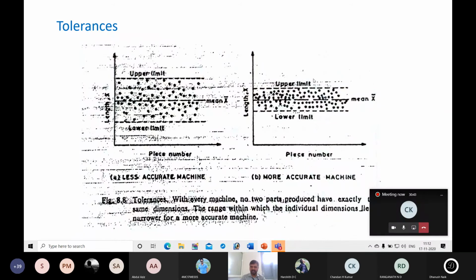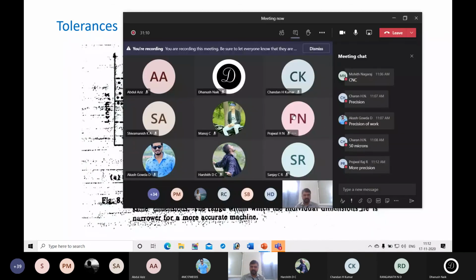But again there will be deviation in the accurate machine also, and that's why tolerance needs to be specified for the components manufactured in accurate machines also. With every machine, no two parts produced have exactly the same dimensions. The range within which the individual dimensions lie is narrower for a more accurate machine.